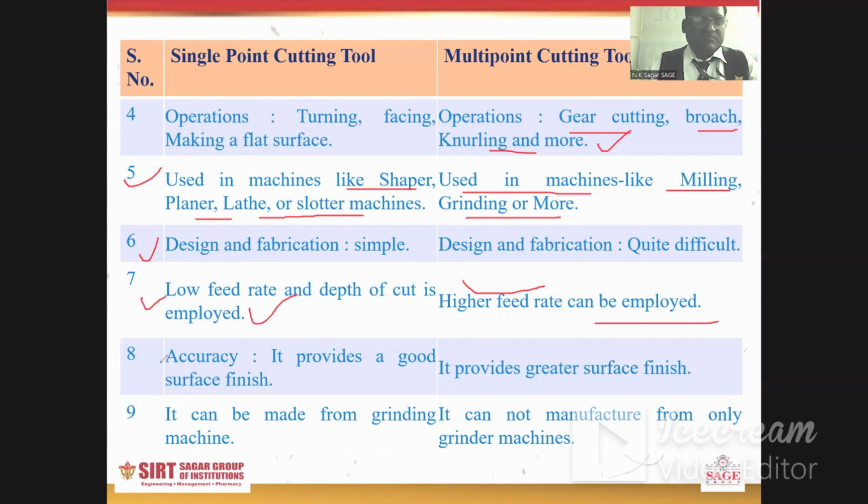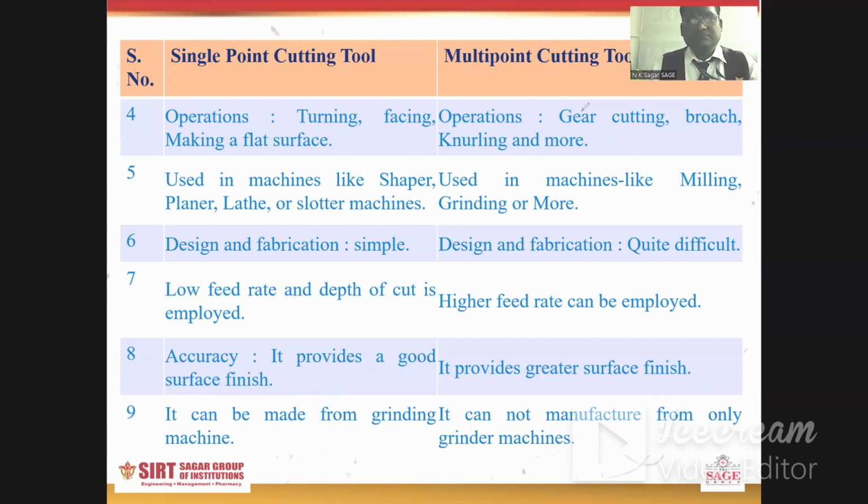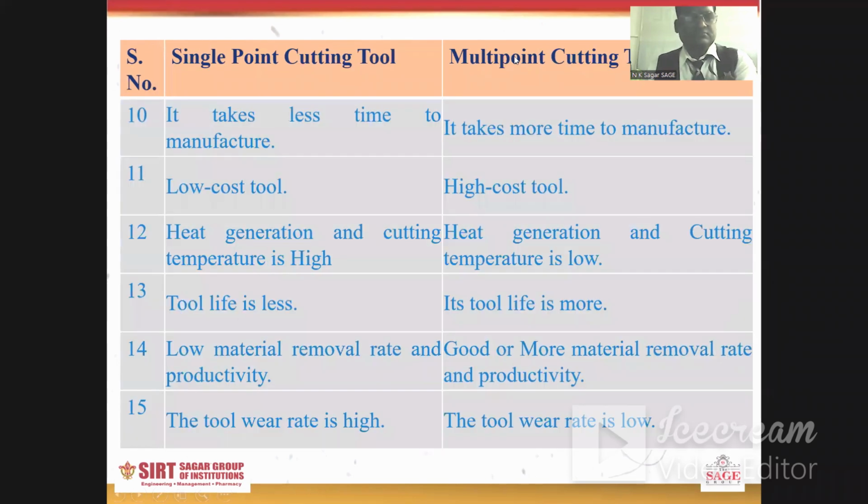As per the accuracy point of view, it provides a good surface finish, and the multi-point tool provides a greater surface finish. Next, single point tool can be made from a grinding machine, and multi-point tool cannot be manufactured from any grinder machine. In single point cutting tool, it takes less time to manufacture. Multi-point cutting tool takes more time to manufacture.